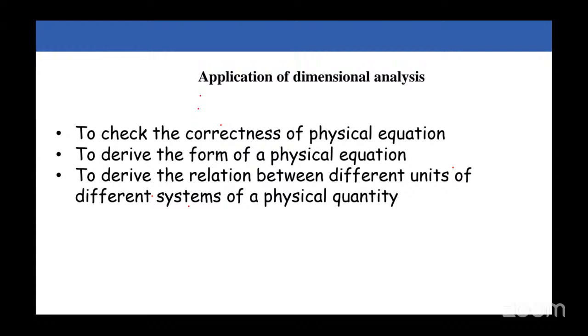Based on their relationship, you derive an entirely new equation based on the information you have, how the parameters are related. And then, three, to derive the relationship between different units or different systems of physical quantities. In the previous class we talked about the metric system, how we can convert from one metric system to the other. So dimensional analysis can also help us do that.